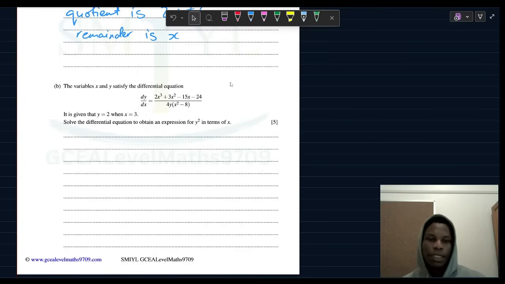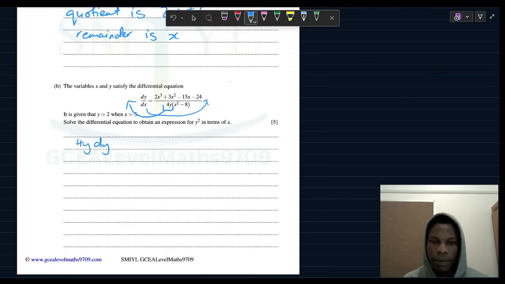The first step is to separate our variables, right? We want everything that is x on the right hand side and everything that is y on the left hand side. So this 4y, remember it's dividing here, so when it moves left, it has to multiply. So it becomes 4y dy. We're going to move the dx to the right. It's dividing, so it comes and multiplies.